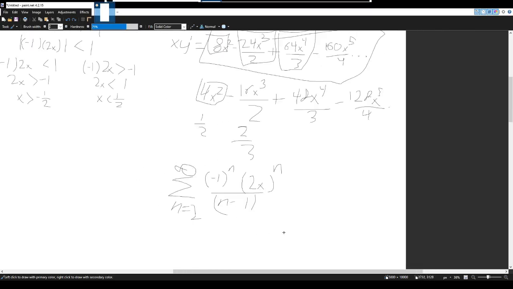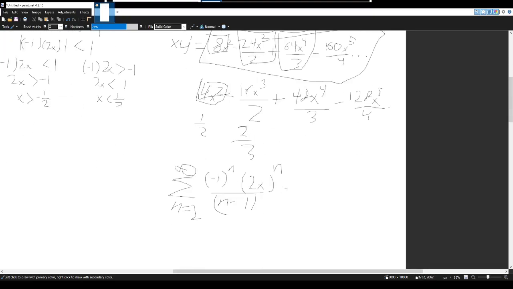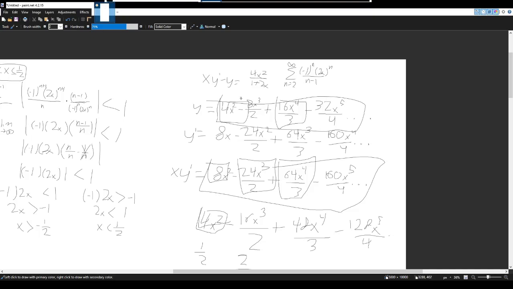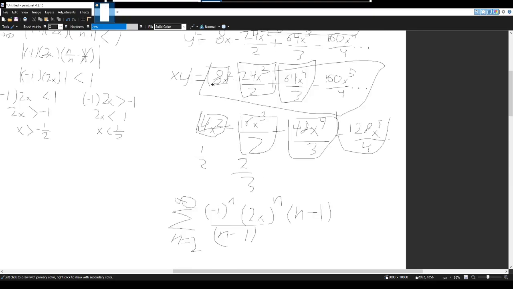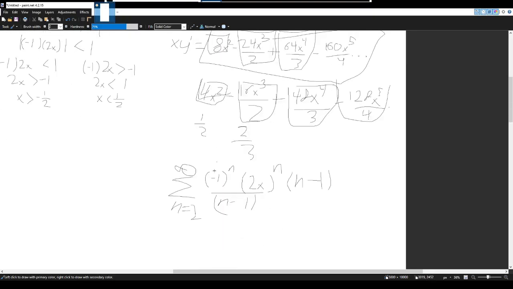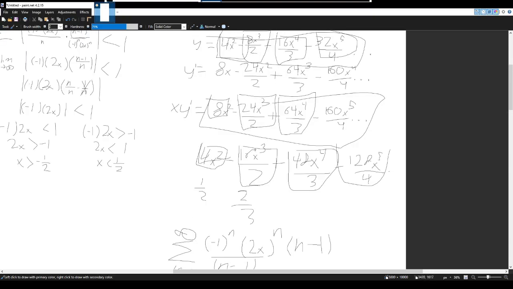That's the original y. And then the changes we're making to go from 4x squared times 1, to go from 8 to 16, that's times 2, 16 to 48, that's 3, 32 to 128, that's 4. So it seems like we're multiplying by n minus 1 each time. For the n equals 2 term multiplied by 1, for the n equals 3 term multiplied by 2.